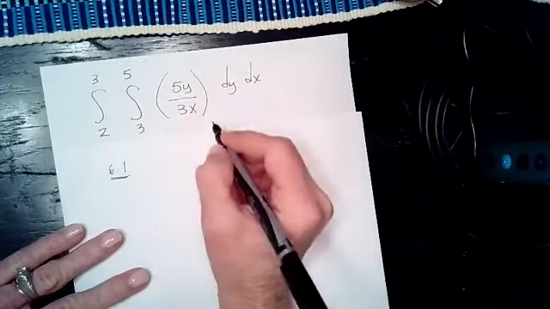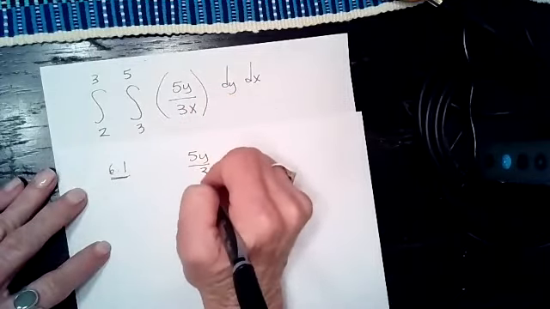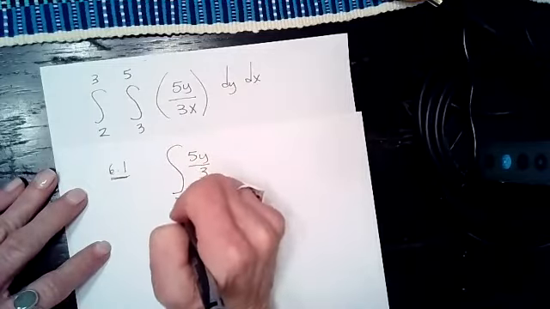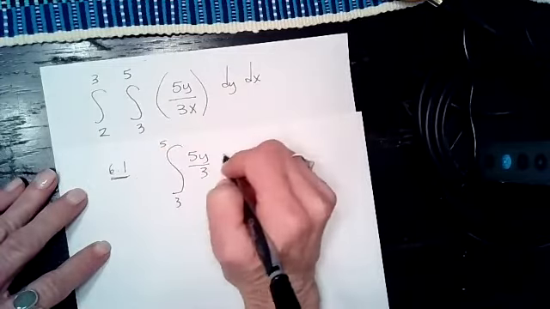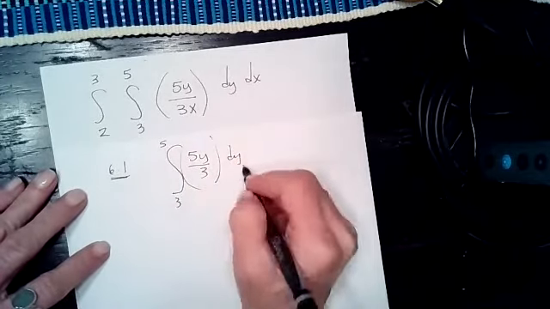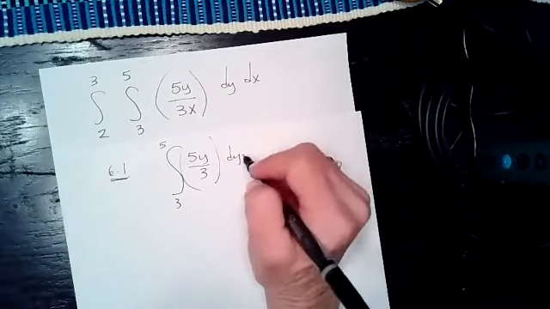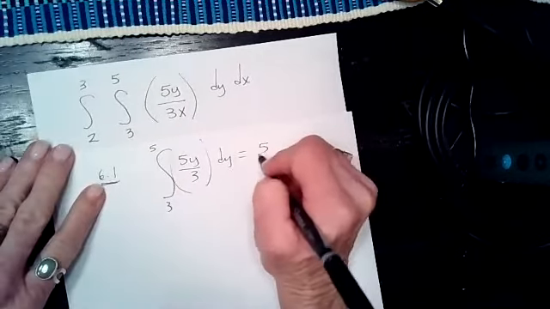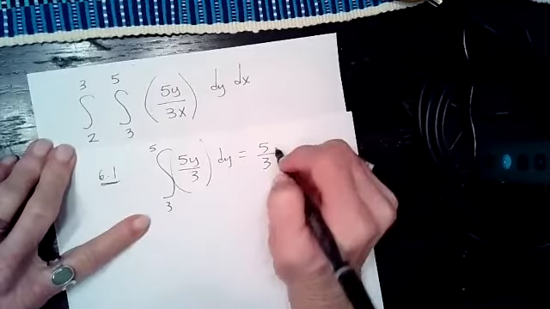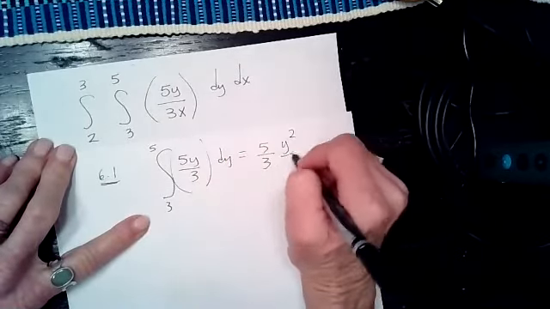And if we had a fraction, let's just say we had 5y over 3 from 3 to 5 with respect to y, okay? So when I integrate that with respect to y, I bring my constant over, right? And then I just integrate the variable term, y squared over 2.